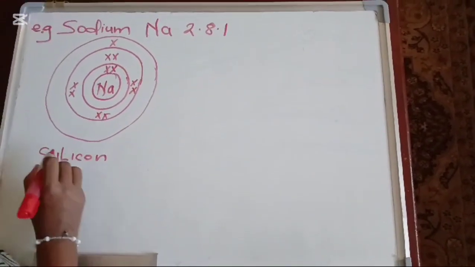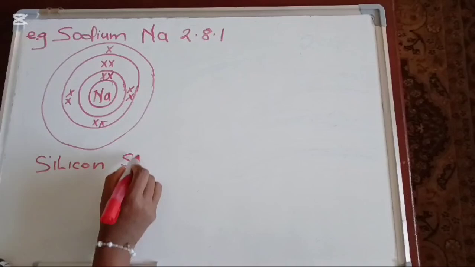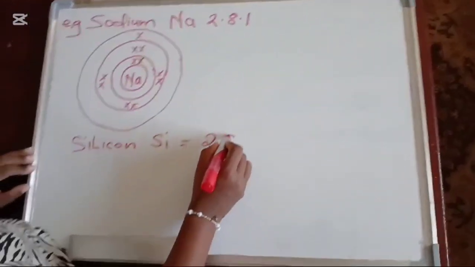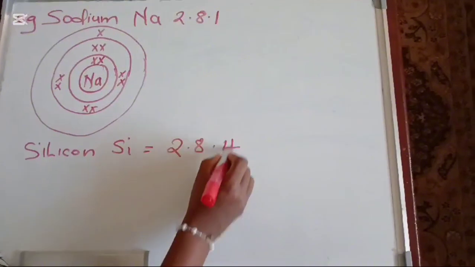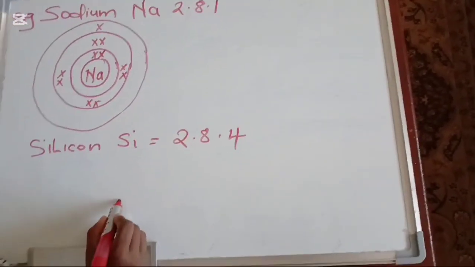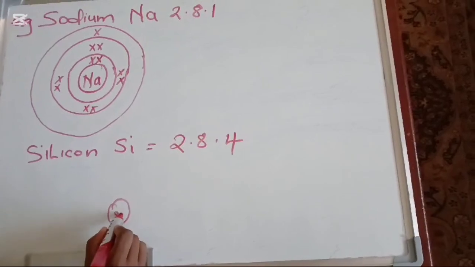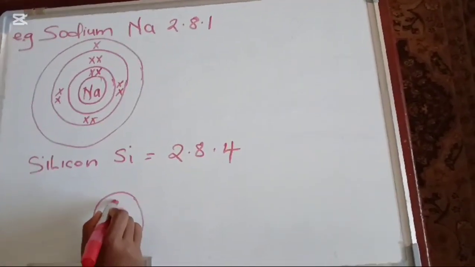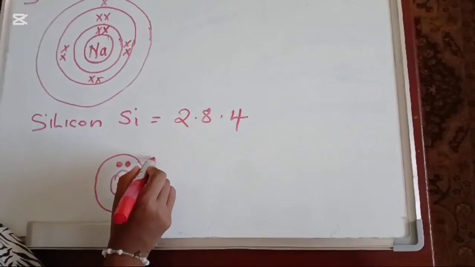Now we go to silicon, Si, with an electron arrangement of 2,8,4. Now here, let us use the dots. So we have silicon. The first energy level has 2 electrons in the form of dots.